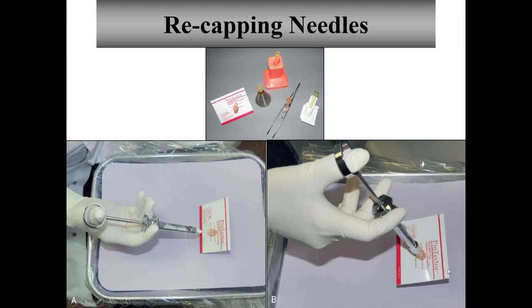So you don't hold the cardboard. You don't use your non-dominant hand at all. If you're a left-hander, you're doing all this with your left hand. If you're a right-hander, you're doing this with your right hand, and your left hand doesn't come into play.